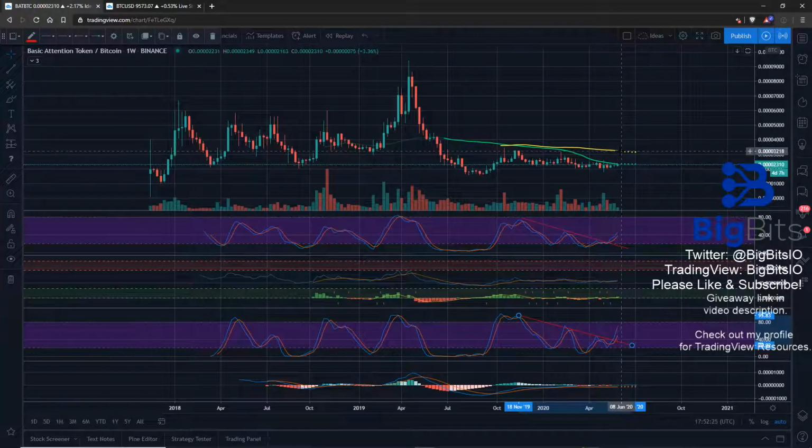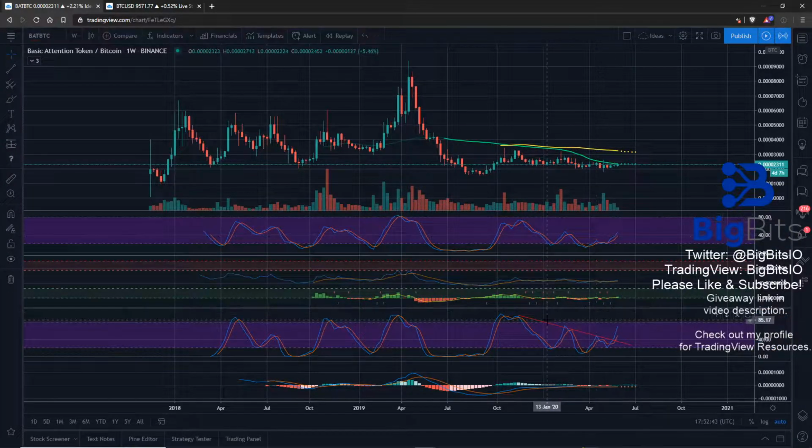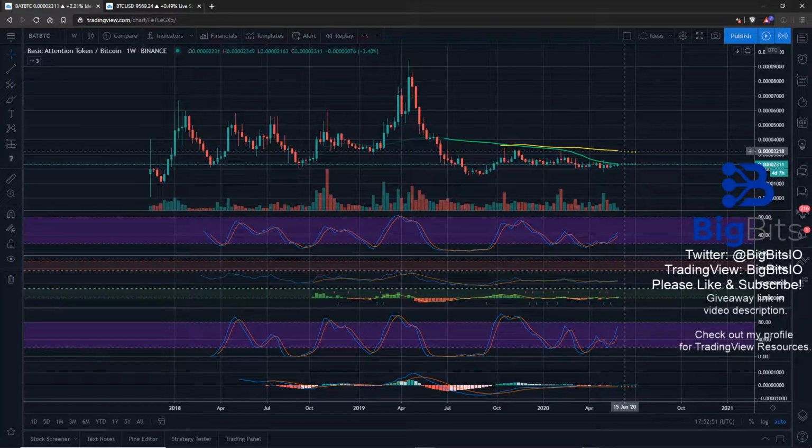So perhaps it will come back up here, which is another resistance level on the weekly chart versus Bitcoin, to 3,200 Satoshis, around that level. And that also happens to be around where the 100-week moving average is as well. So if it closes above the 50, I'm pretty much thinking it's almost certainly going to the 100-week, but of course that's not trading advice, so no financial advice here.